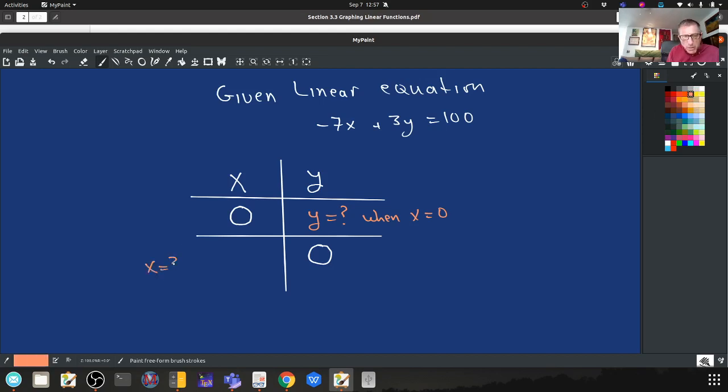X is equal to what when y is equal to 0? So you're going to have a point (0, b) for some number b, and then down here you're going to have a point where y is 0 and x is equal to some number c. So b is some actual number and c is some actual number, and this turns out to be the y-intercept, and this turns out to be the x-intercept.